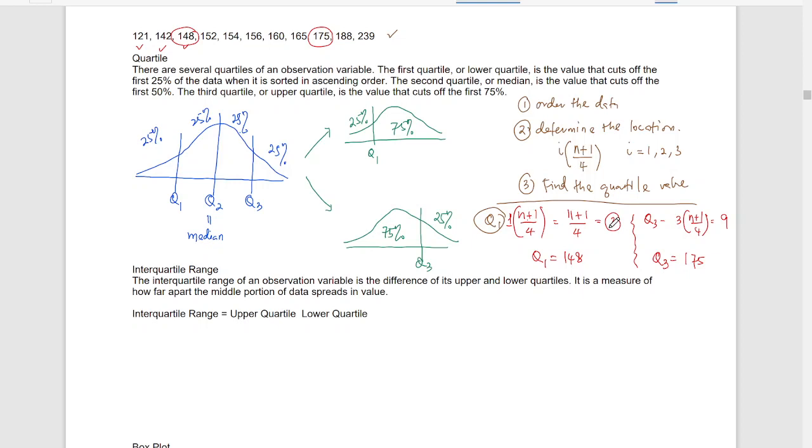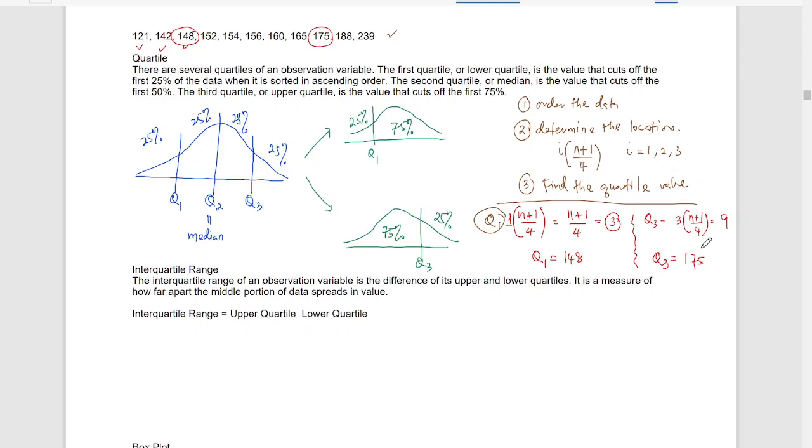But if the number of data in the data set is even, you are going to have the location in the form of a decimal, 0.25 or 0.75. If this is the situation, you have to be very careful to calculate the quartile values.